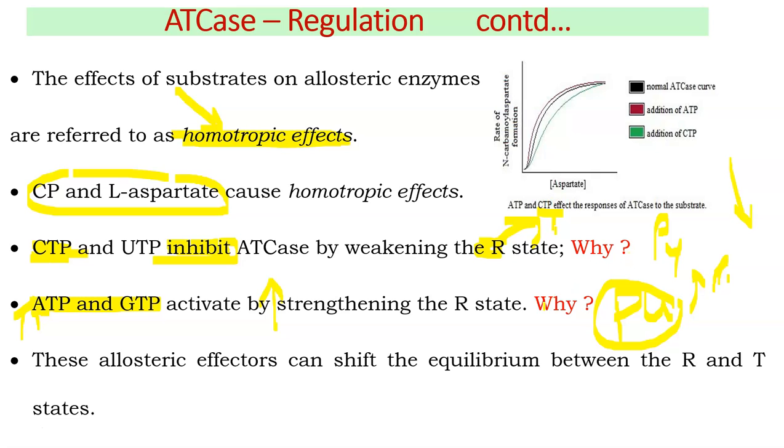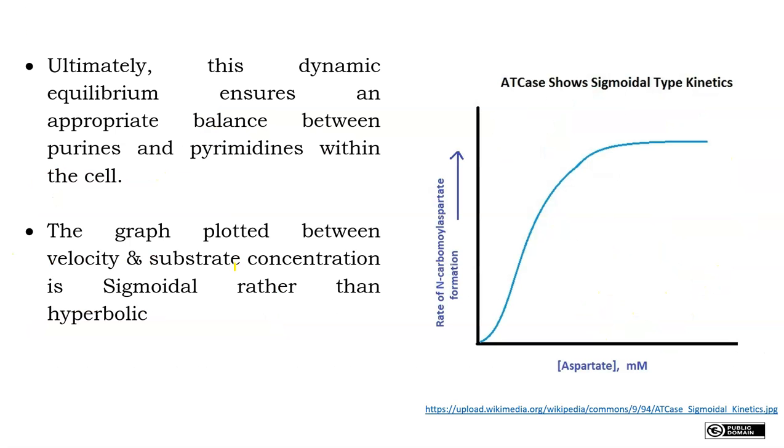That is why ATCase activity increases. These allosteric effectors shift the equilibrium between the relaxed state and the tensed state. CTP and UTP act as negative allosteric effectors. ATP and GTP act as positive allosteric effectors or activators. Ultimately, this maintains the appropriate balance between the purines and pyrimidines within the cell.